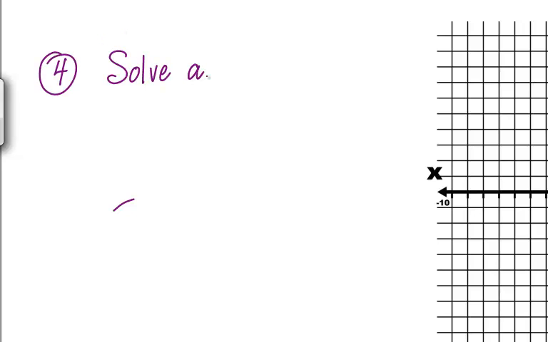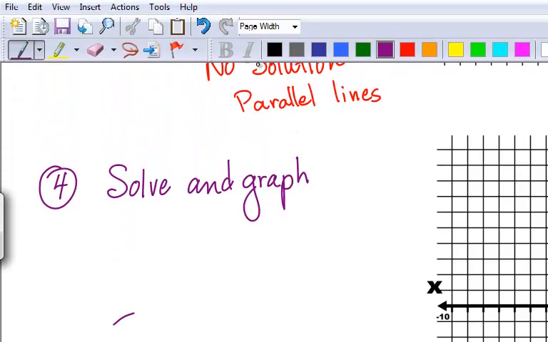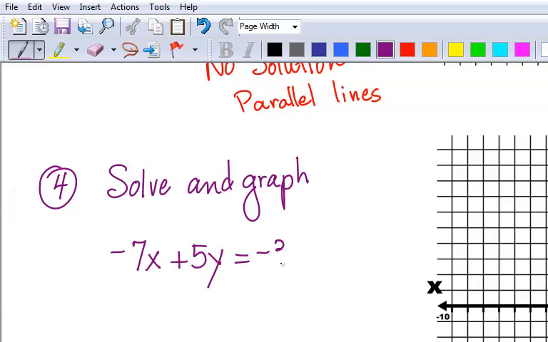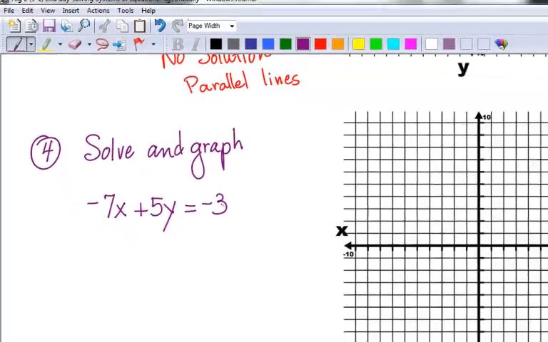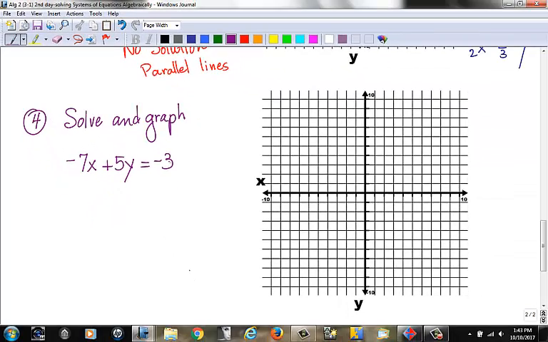Okay, solve and graph. Notice it did not say solve by graphing. It just said solve it and then graph it. So I'm going to give you two equations. Negative 7x plus 5y equals negative 3, and 21x minus 15y equals 9.